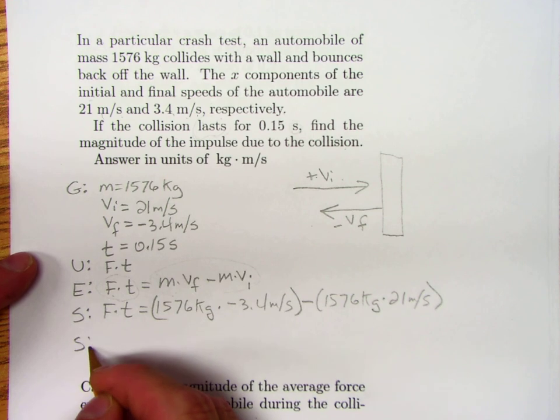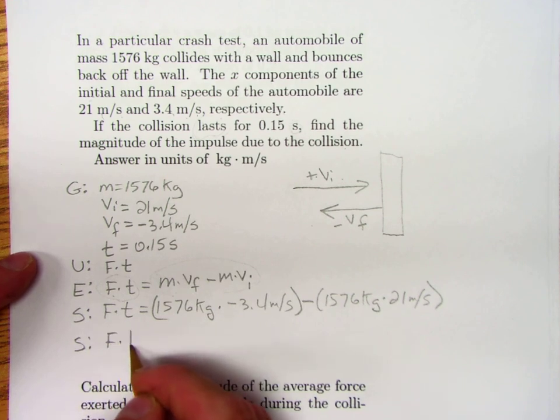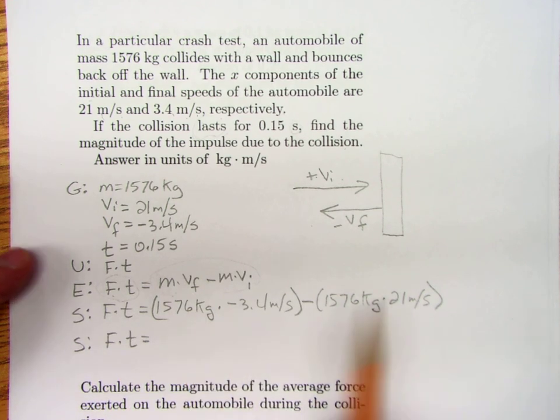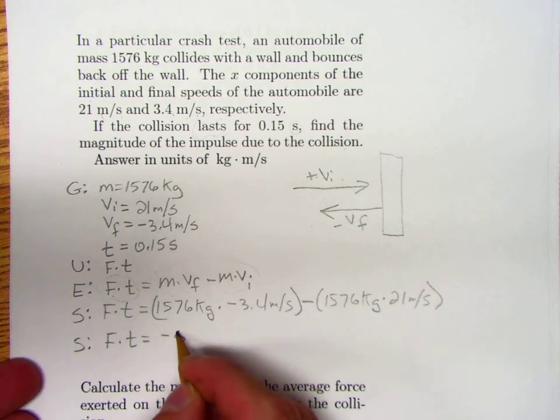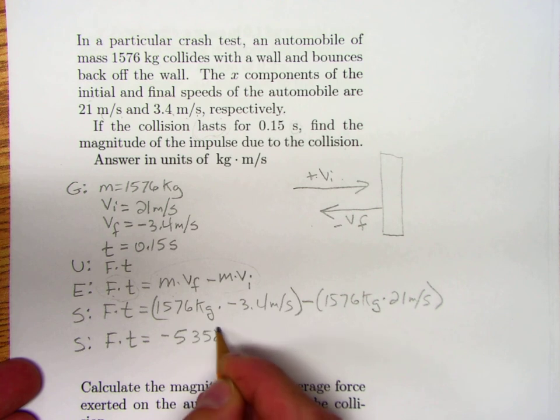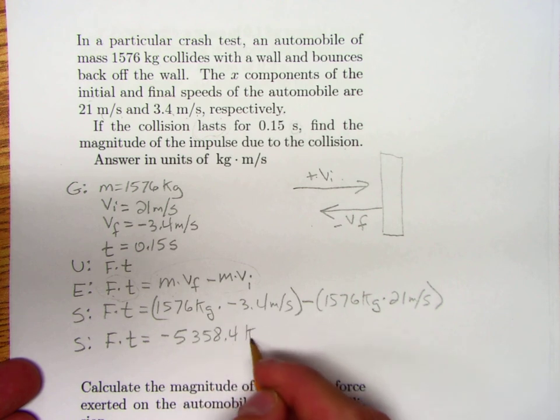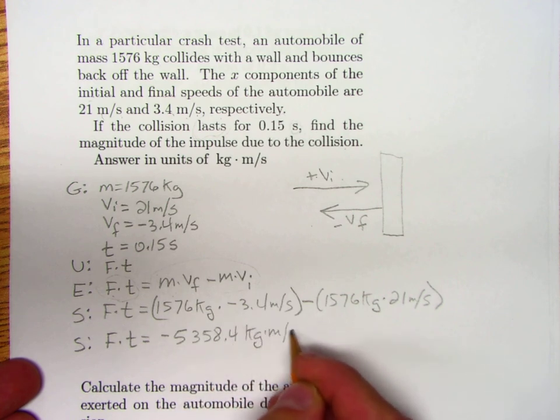So then we write our solution S, and we take the difference between these two. So 1,576 times negative 3.4 is equal to negative 5,358.4 kilogram times meters per second.